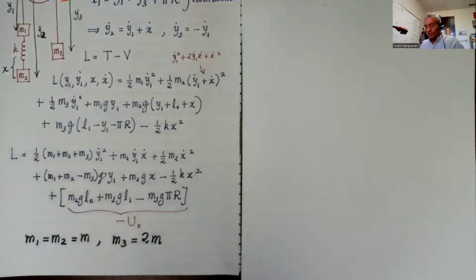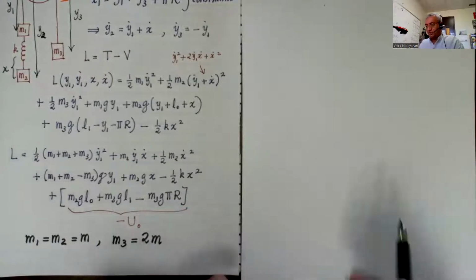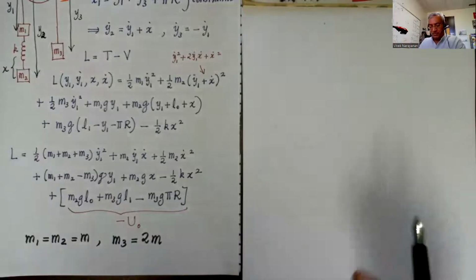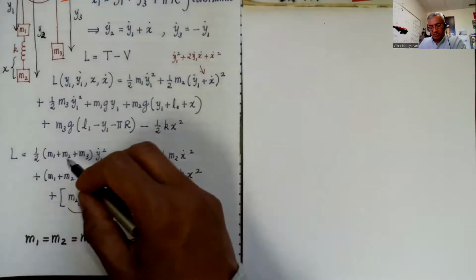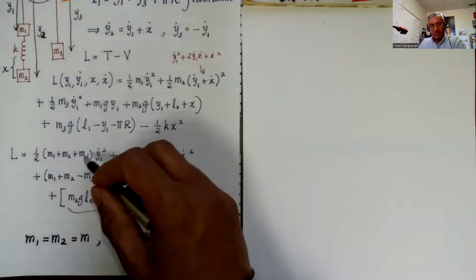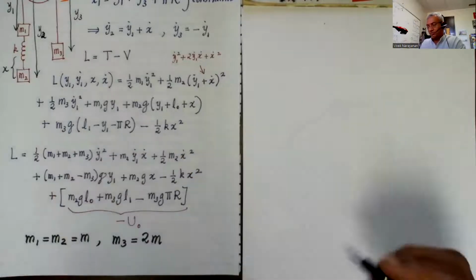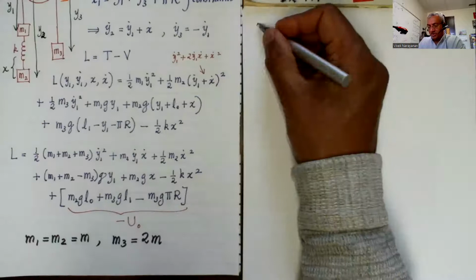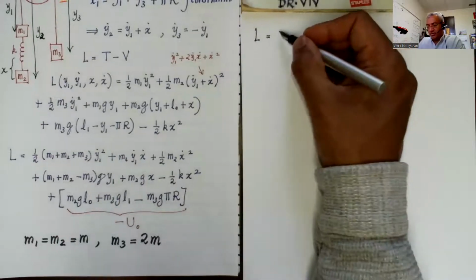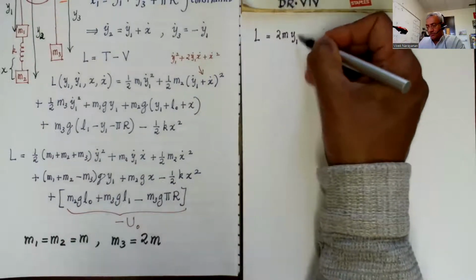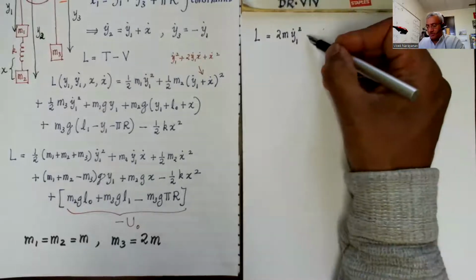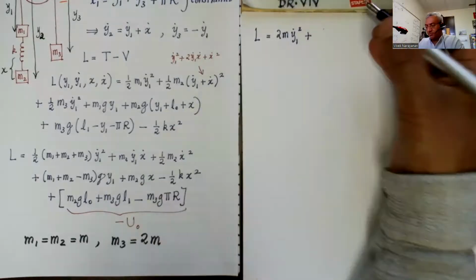Now let's substitute all these terms in the Lagrangian. M1 plus M2 is 2m, and that's another 2m. So that's 4m divided by 2, which is 2m. So the Lagrangian is 2m y1 dot squared plus m2 is just m.